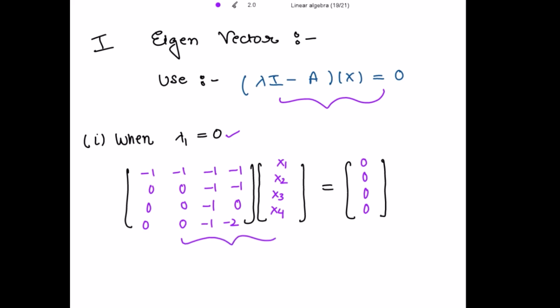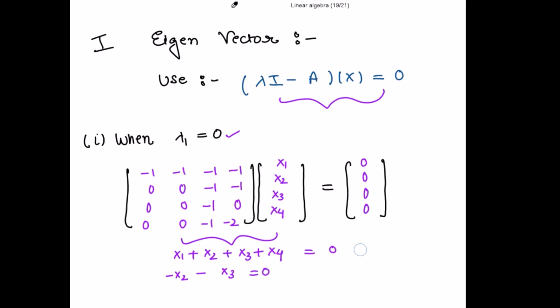So from here we are getting minus x1 minus x2 minus x3 minus x4 equal to 0, or we can also write this as the sum of these 4 variables equal to 0, right? Then the second equation is minus x2 minus x3 equal to 0.